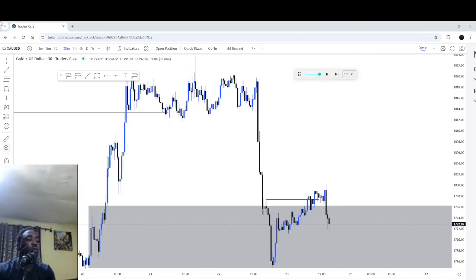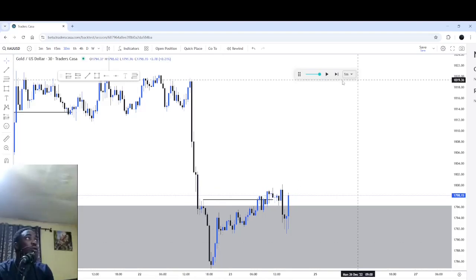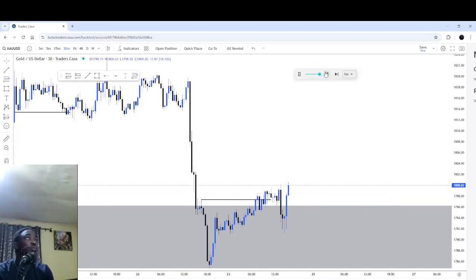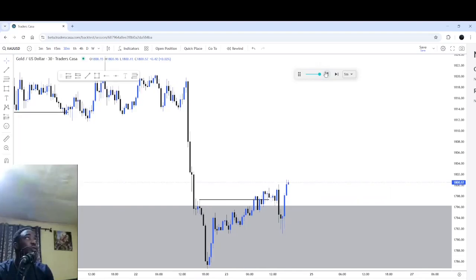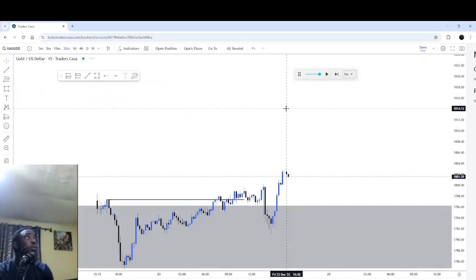Okay, so we've still not gotten any demand zone yet. We had this one down here, this zone. Go to the 15 minutes.